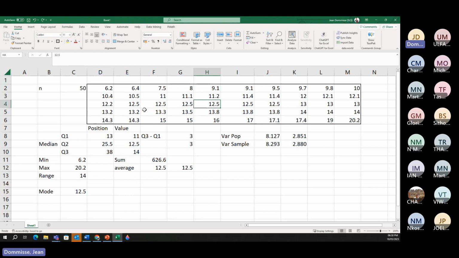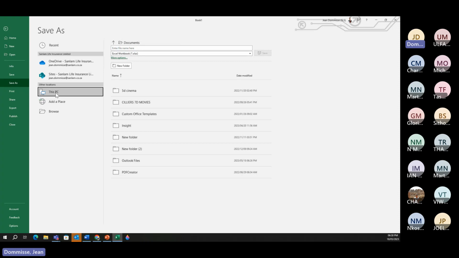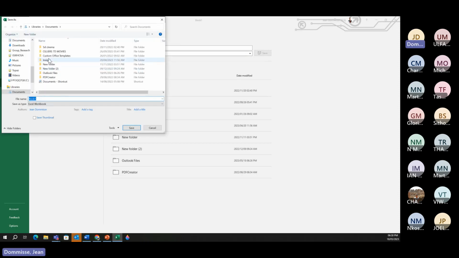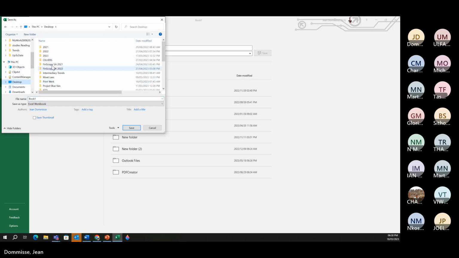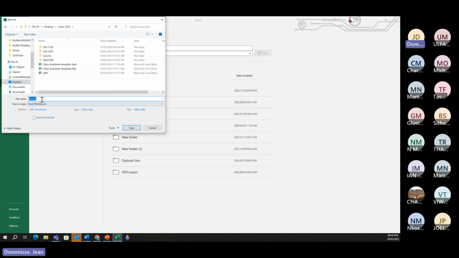So if you update it with the data that you will need, you will be able to get the information. So I will definitely share that with you, and this is for assignment one.